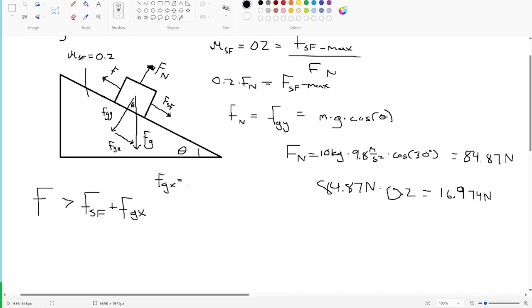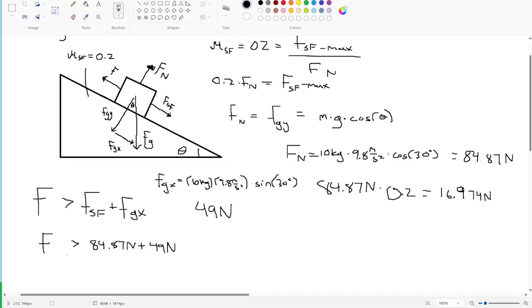So it's going to be 10 kilograms times 9.8 meters per second squared times the sine of theta, sine of 30 degrees in this case, which is going to be equal to 49 newtons. Okay, 49 newtons, correct. Okay, so the force of static friction max, 84.87 newtons plus 49 newtons.